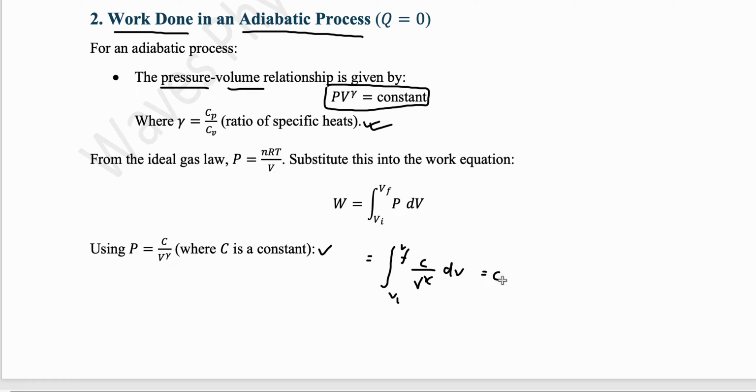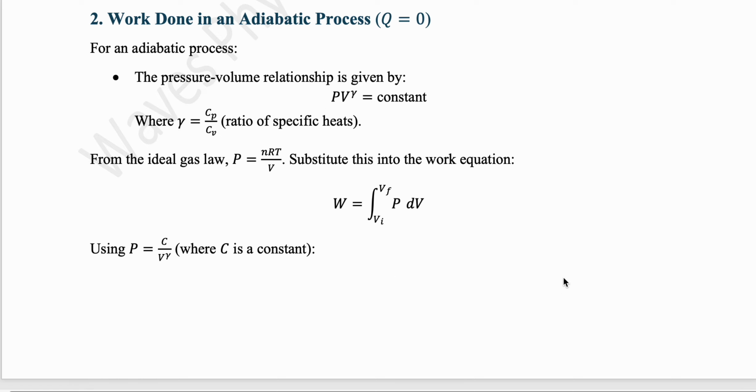Then using x to the power n, integral is x to the power n plus 1 divided by n plus 1, that's the relation. So V to the power minus gamma plus 1, divided by minus gamma plus 1. This is my result here, and then I can take the limits as initial to final, and put the final and the initial relation.